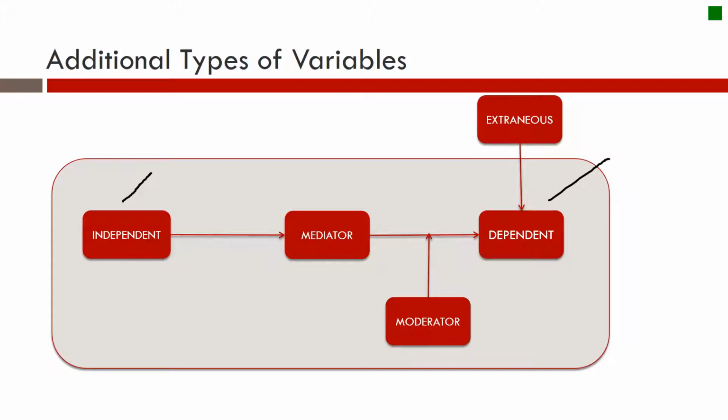Independent variables happen on their own, but dependent variables need to be acted upon, or something has to happen for them to take place. That's the way we theoretically model this type of stuff. If we have an intervening variable, we call that a mediator. It mediates the relationship between the independent variable and the dependent variable. So a mediator is something we want to be aware of.